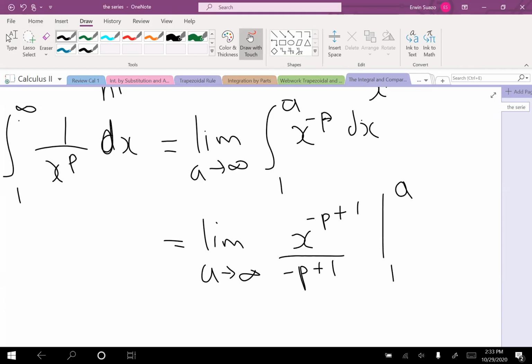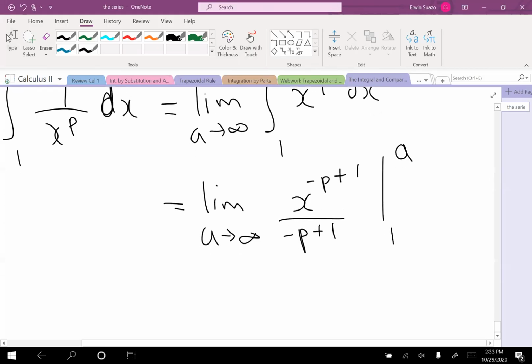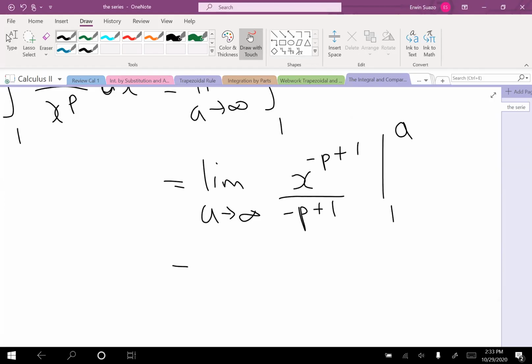So we plug in a and subtract 1. So we get the limit as a goes to infinity, and then you see a problem here.